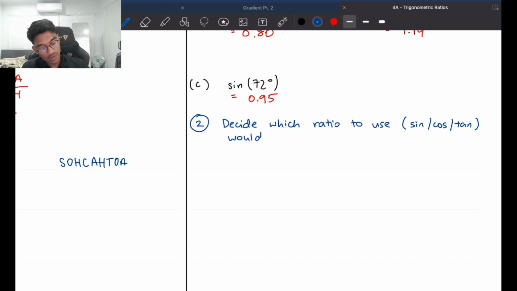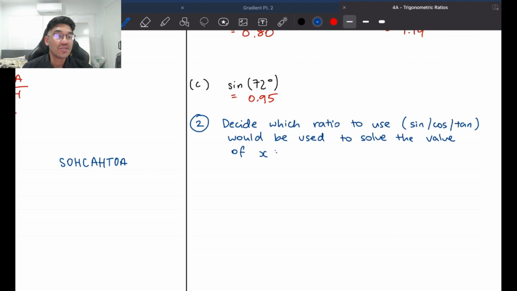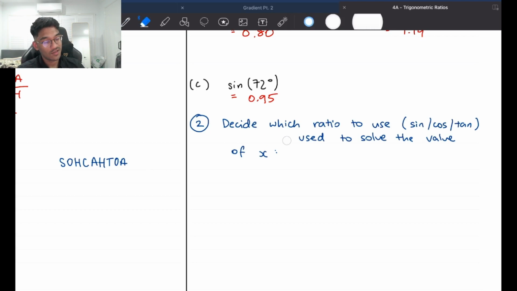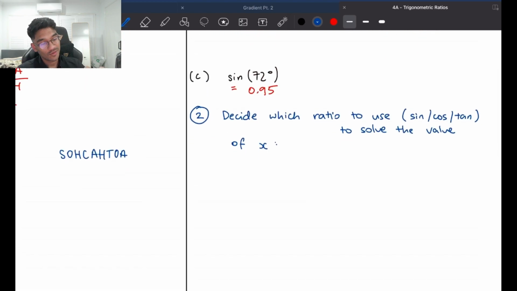Decide which ratio would be used to solve the value of x. Sorry about my handwriting, I'm holding my iPad in my hand. So decide which ratio to use, sine, cos, or tan, to solve the value of x.